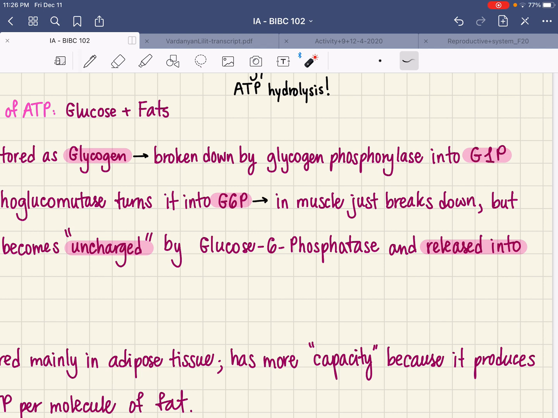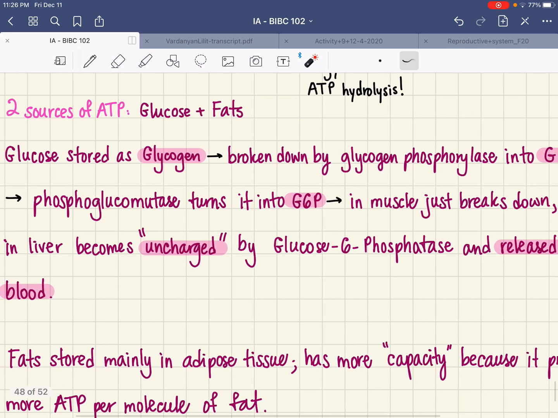However, this glucose 1-phosphate cannot leave the cell because it is still phosphorylated. So we either need to get rid of this phosphate for glucose alone to be able to leave the cell to go into the bloodstream and other cells, or it stays inside of whichever cell it is in.